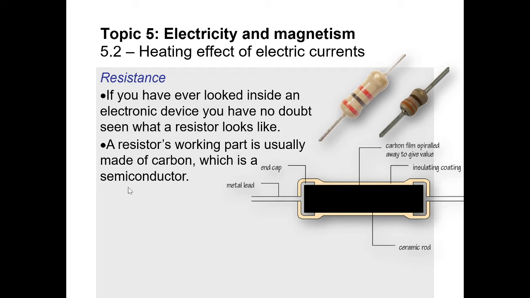Conductors allow the easy flow of electrons through the material, and insulators fully prevent that flow of electrons. Now, some conductors are better than others, which we'll also explore later in the slides in this video. And there are some materials that have nice properties of both. Now, semiconductors are really useful for building things like computers because of their unique properties, which we're not going to get into in this video.